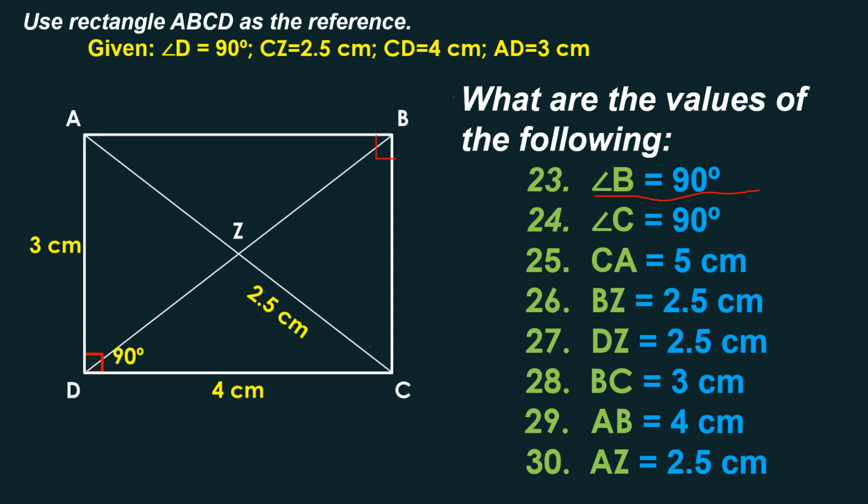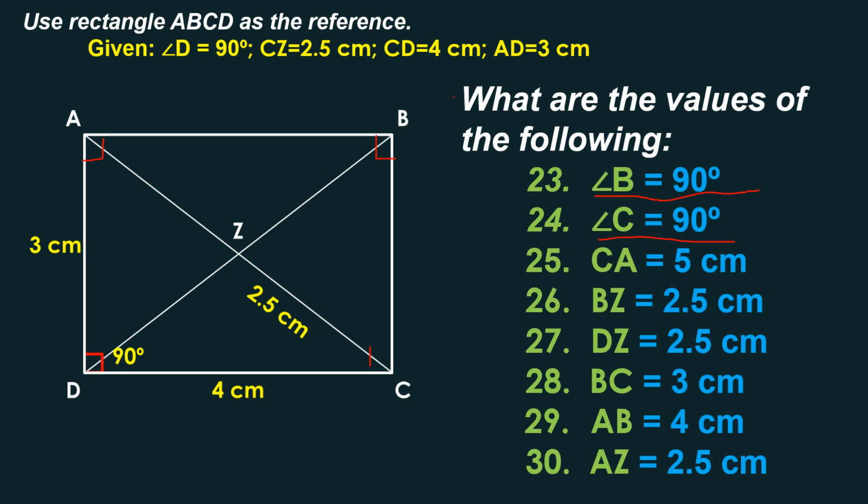That's why angle C also has 90 degrees, and angle A is also 90 degrees. So angle C here is equal to 90 degrees as well. We have here CA.